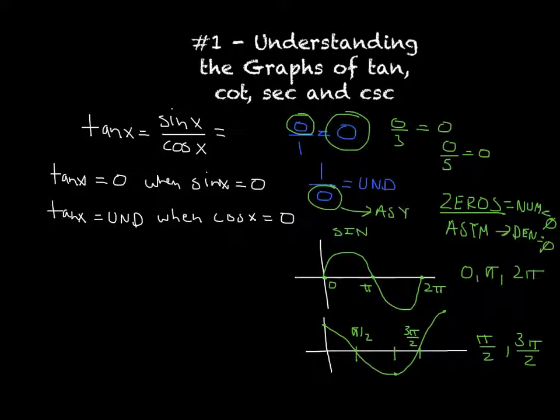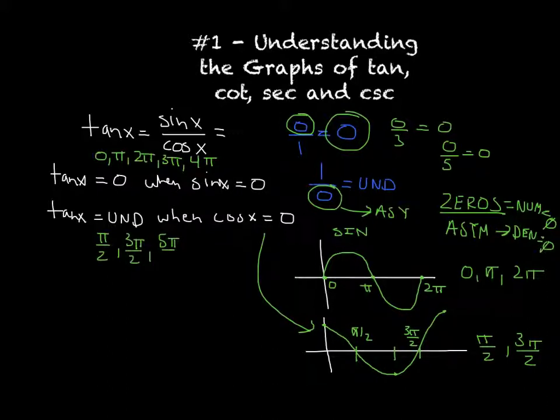So, we'll put 0, pi, 2 pi, 3 pi, 4 pi, on and on. When is the tangent undefined? Well, it's undefined when the cosine equals 0, so that's going to relate back to that graph. So that's going to be at pi over 2, at 3 pi over 2, 5 pi over 2, 7 pi over 2, forever and ever.